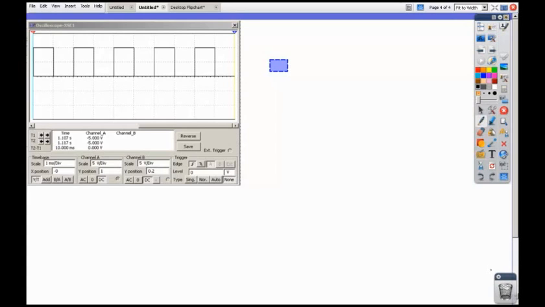Alright, so this is the last problem from the analog and digital practice worksheet. We'll go over it if I can get my pen to work. So, what are some of the values we need to calculate? We need to find the amplitude. We'll need to find the period.